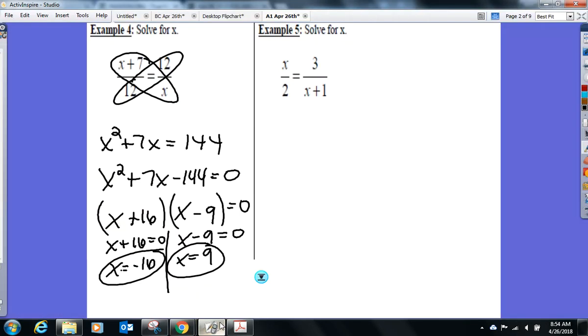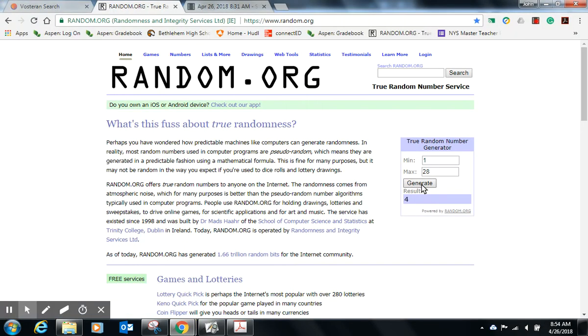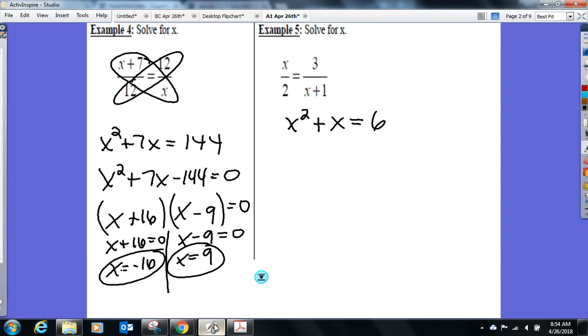Cross multiply for me. What did you end up with? X squared plus x equals 6. Okay, from there, what did you do? What did you do from here?